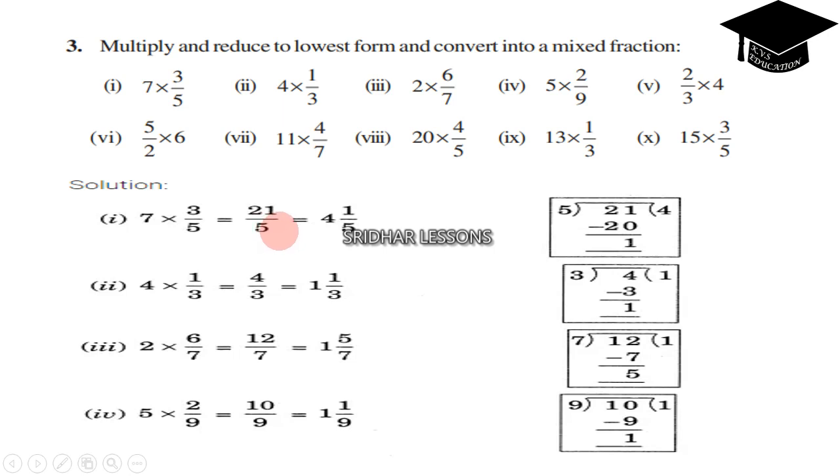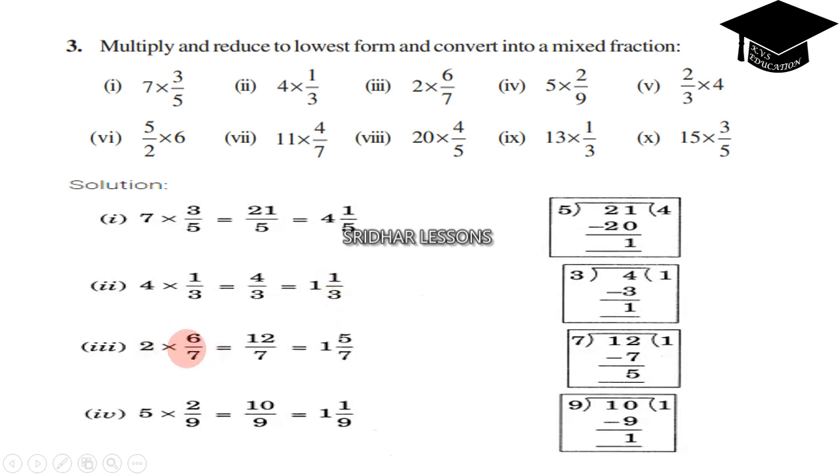If you divide 21 by 5, 4 is the quotient and 1 is the remainder. Okay, so 4 of 1 by 5 is the mixed fraction. Next one, 4 into 1 by 3, that is 4 by 3. If you divide 4 by 3, it will become 1 of 1 by 3.